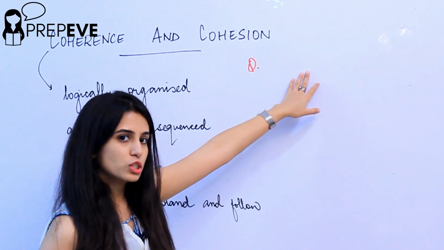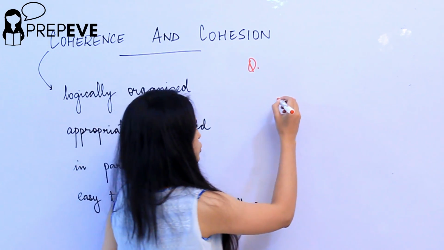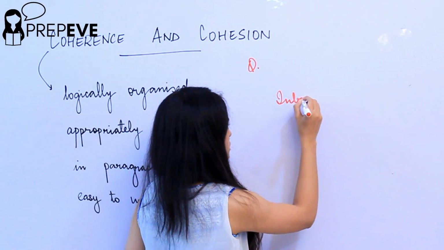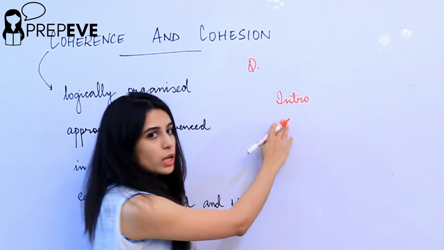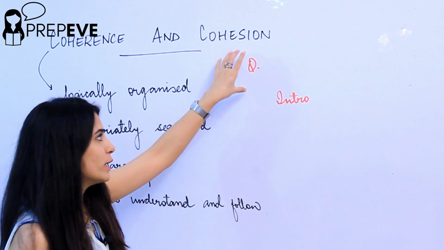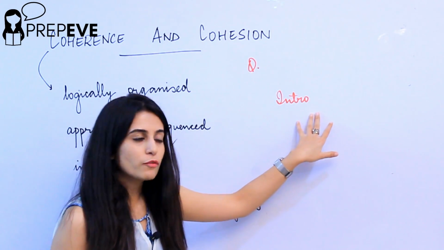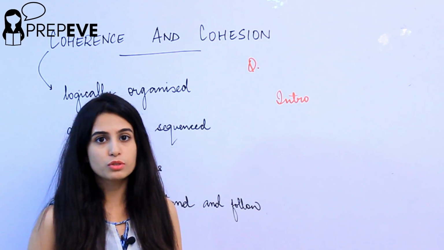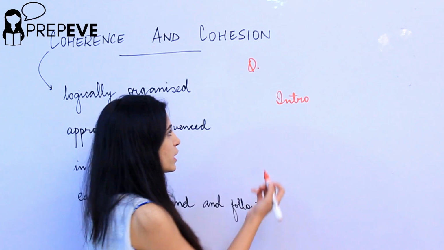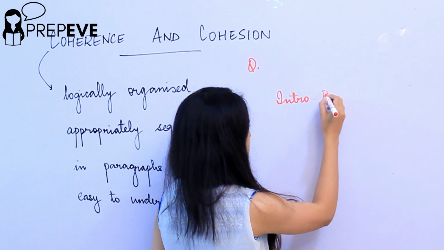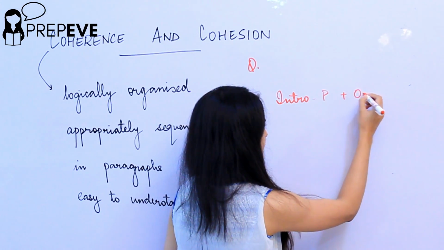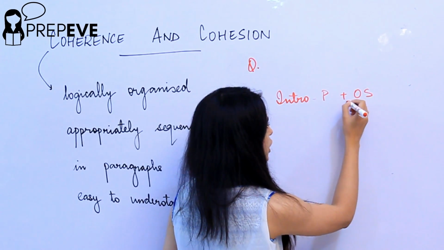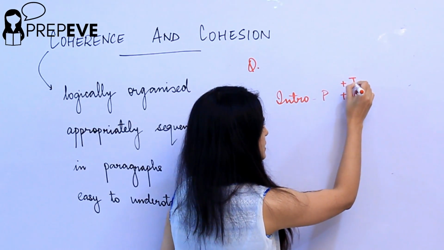You have a question. How do you write your introduction? The first paragraph, this is how you have to think. After you read the question, the first thing you have to write is your introduction, which by now, if you have been following our videos regularly, you would know that you have to paraphrase and then write the outline sentence, and if need be, you can also write the thesis statement.